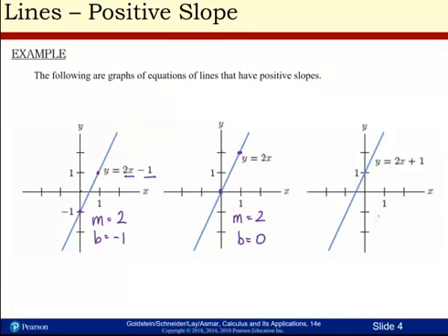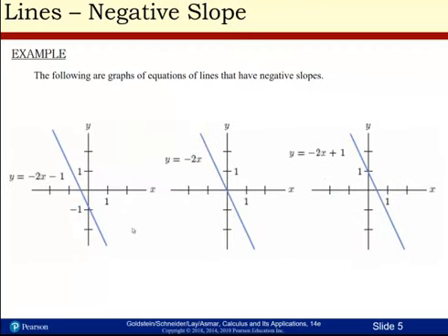Another example, still the slope is 2, and in this one the y-intercept is 1. So I draw my y-intercept at 1, and I could say I'm going up 2, running 1, and I would create that line. You'll notice all these lines have the same slope but different y-intercepts.